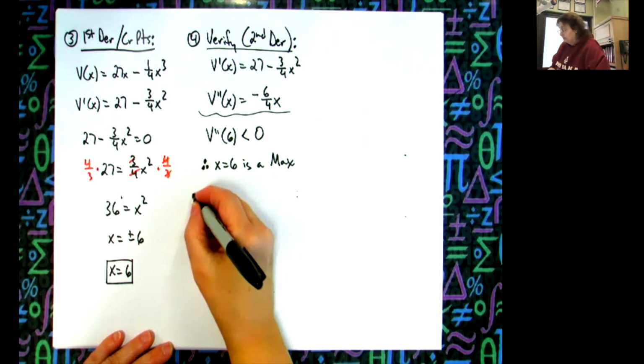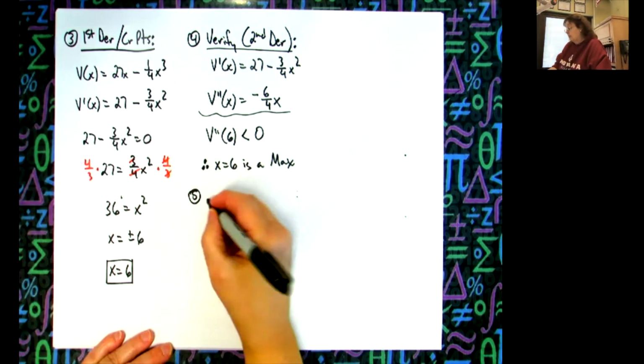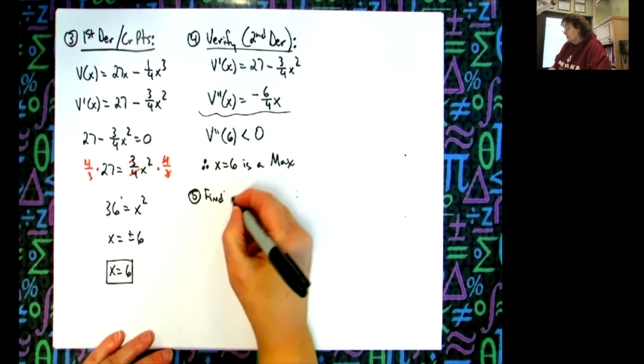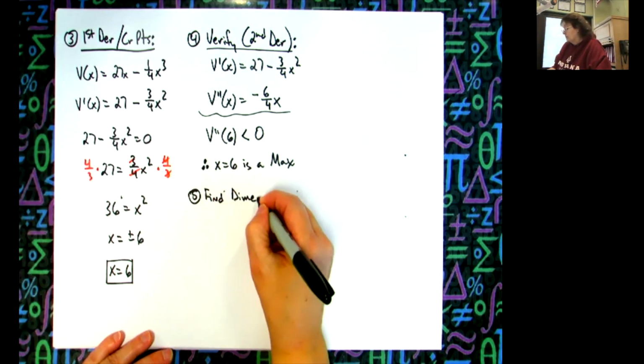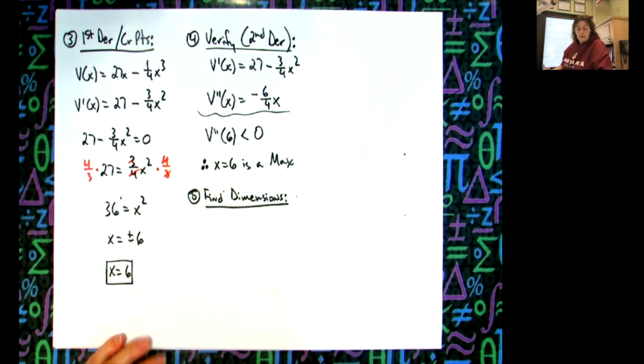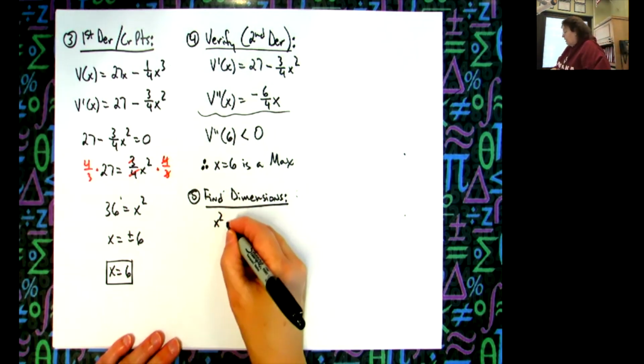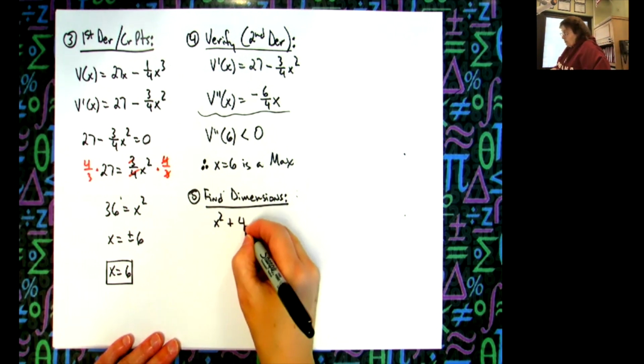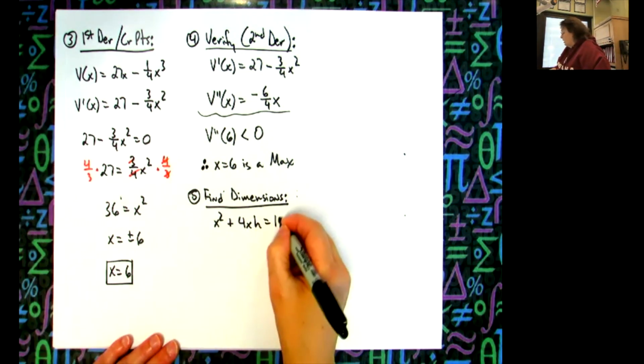Step 5, I need to find my other dimensions. I think I want to use the given equation. So I've got x squared plus 4xh equals 108.